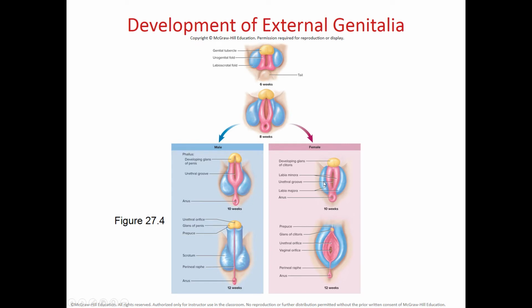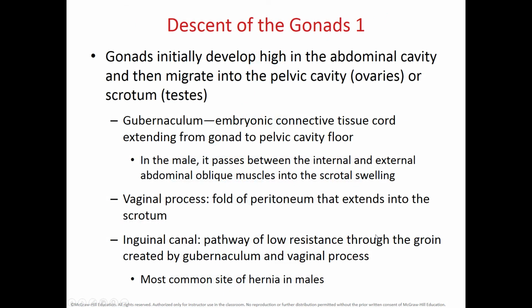And then for the females, you will have analogous structures like the glans of the clitoris, the labia minora out of this urogenital fold, and labia majora out of this labioscrotal fold. And then by week 12, you have pretty much well developed what is going to become the external genitalia in males and females.